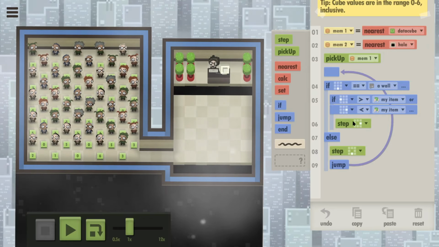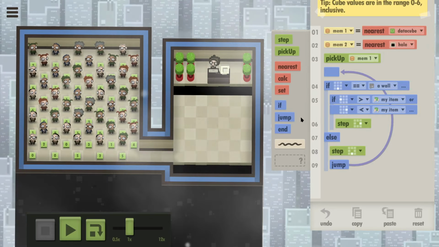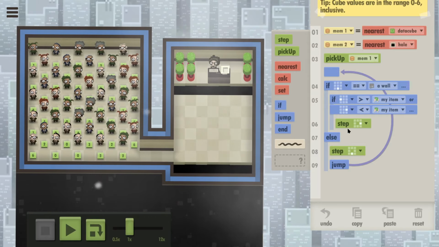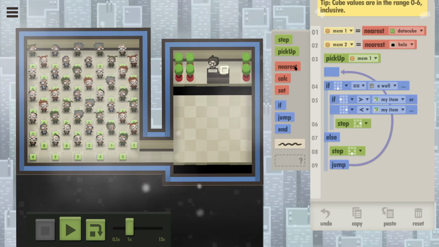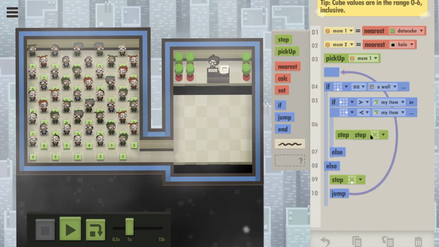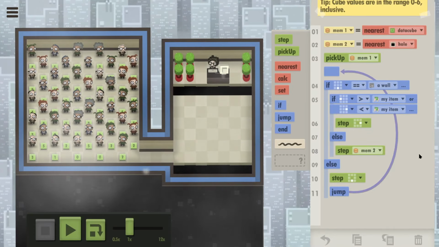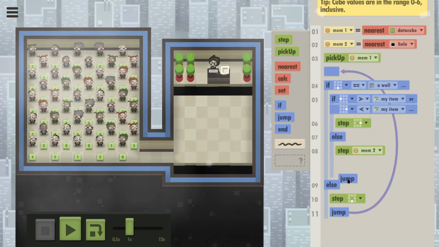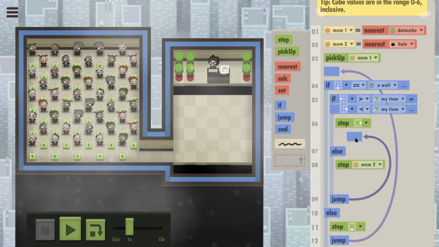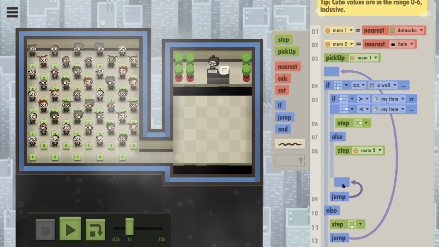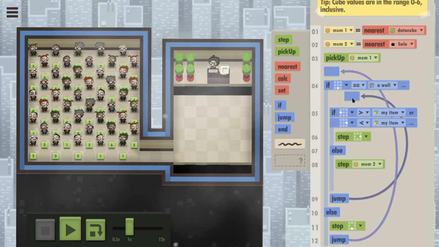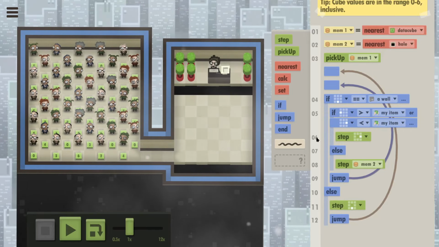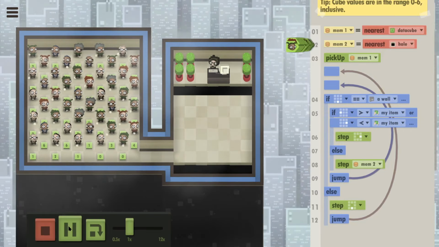I mean, it's only going to apply to a certain group of people. This will have a fail rate. Else, step to memory 2. And then either way, jump. Let's just see how this goes.